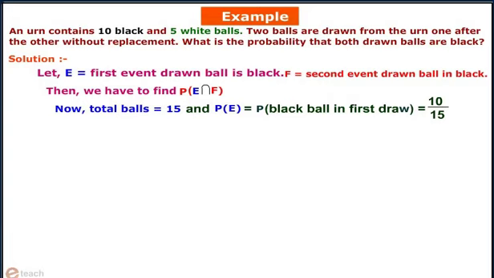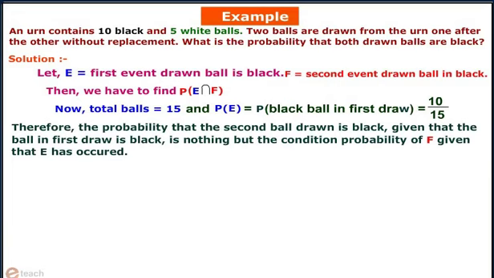Now total number of balls equals 15 and probability of E, that is probability that a black ball is drawn in the first draw, is 10 by 15. Therefore, the probability that the second ball drawn is black given that the ball in the first draw is black is nothing but the conditional probability of F given that E has occurred.